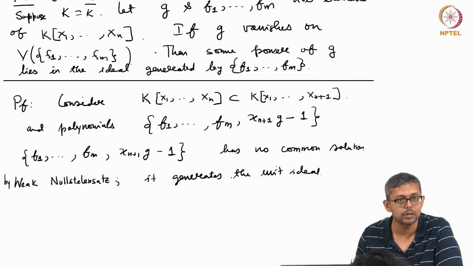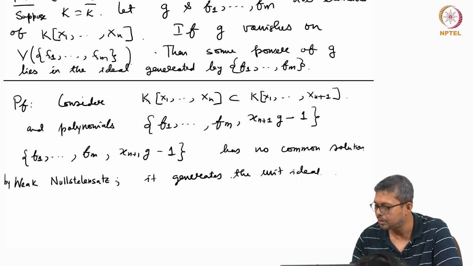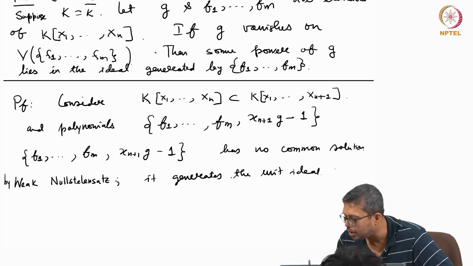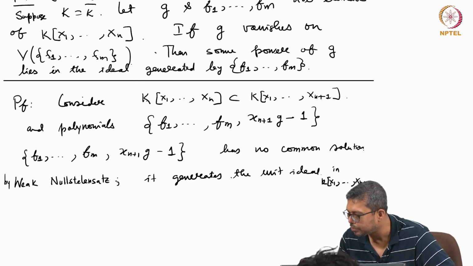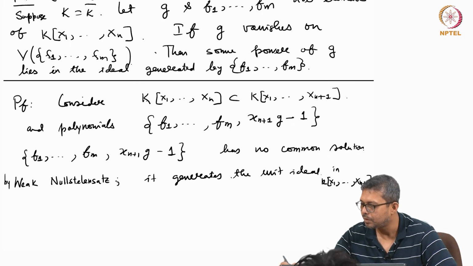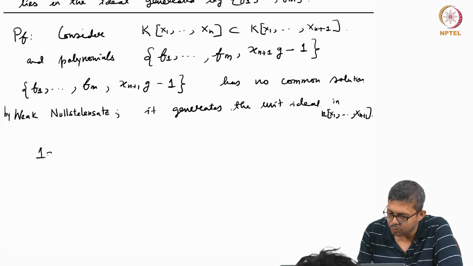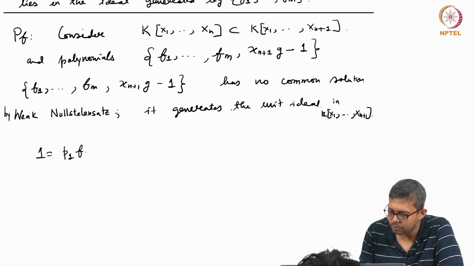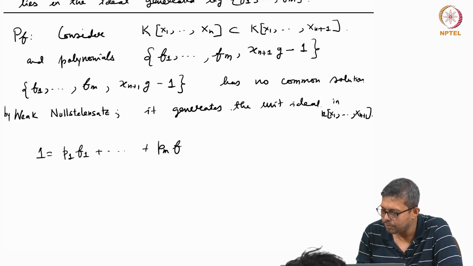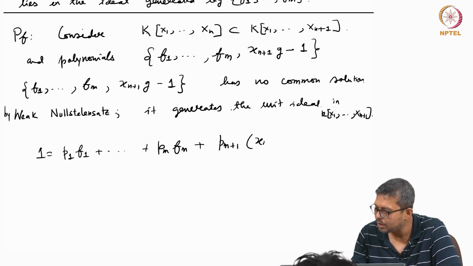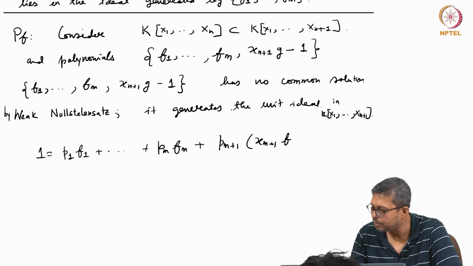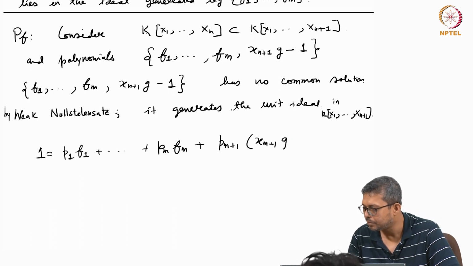It generates the unit ideal in K[x1, ..., xn+1]. So that means you can write 1 as p1 f1 plus ... plus pm fm plus p_{m+1} times (x_{m+1} g minus 1).